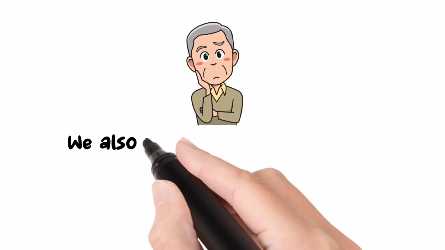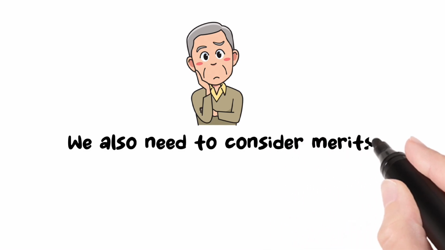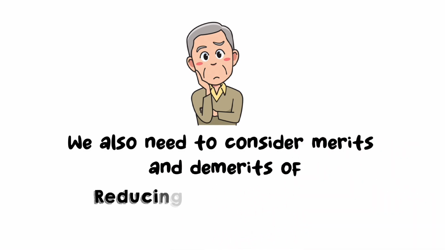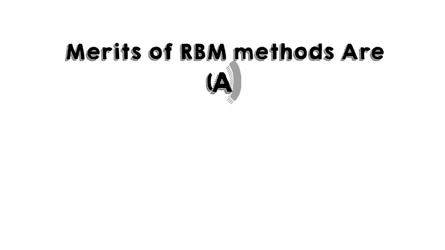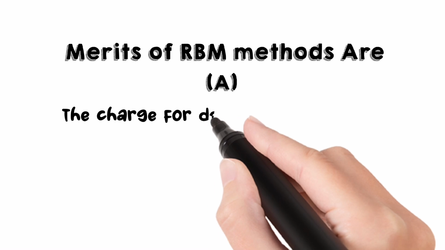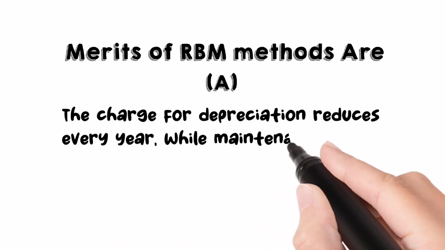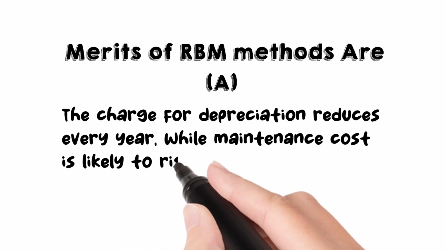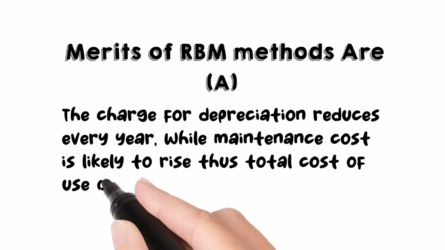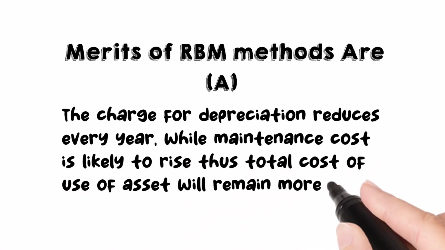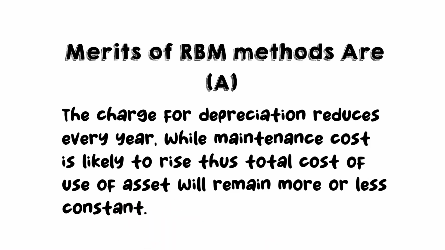We also need to consider merits and demerits of reducing balance method. Merits of RBM methods are: A. The charge for depreciation reduces every year, while maintenance cost is likely to rise. Thus, total cost of use of asset will remain more or less constant.